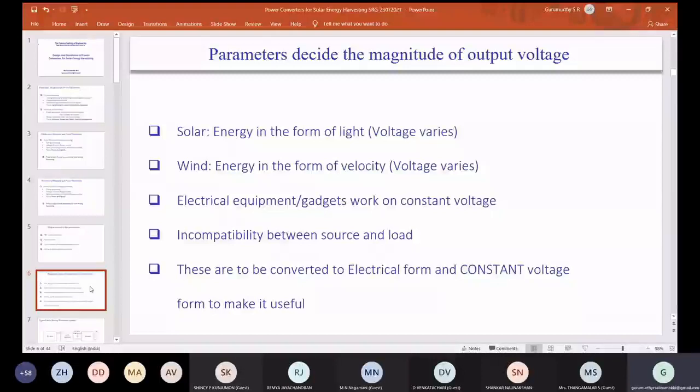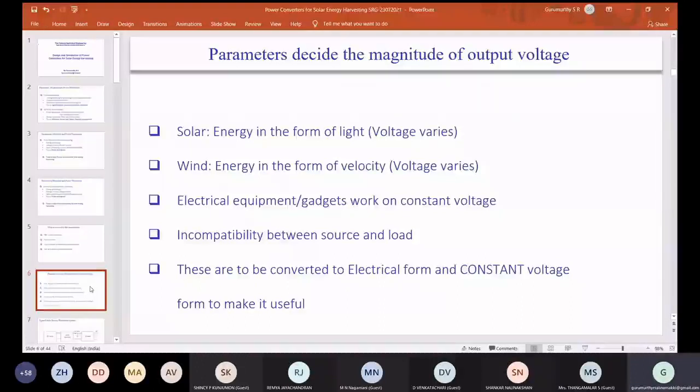But all our electrical gadgets which are connected to the supply work with a constant voltage. For example, in our households, whether it is a light like an incandescent lamp or LED lamp, or the fan or a refrigerator, whatever gadgets we use in the house or in the industry, they are all designed to work at a constant voltage and constant frequency. So the supply frequency and the voltage should be constant.